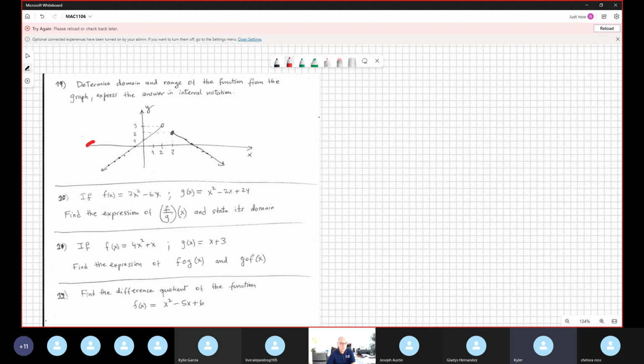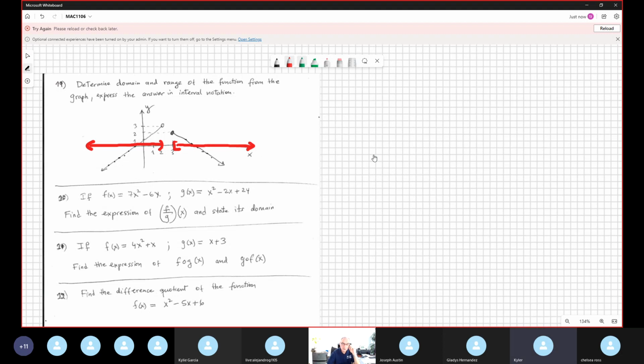Domain is from negative infinity to this. Because the projection of this point onto the x-axis gives me its value. Is this clear or no? And at 2, it's a parenthesis, because I see here open. However, at 3, it's a bracket. However, between 2 and 3, we have a gap. No value, no domain. And this continues forever.